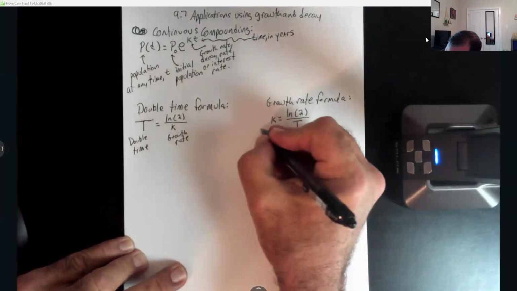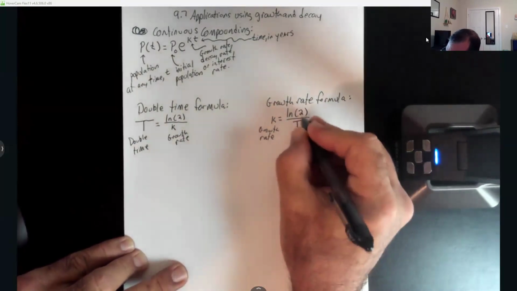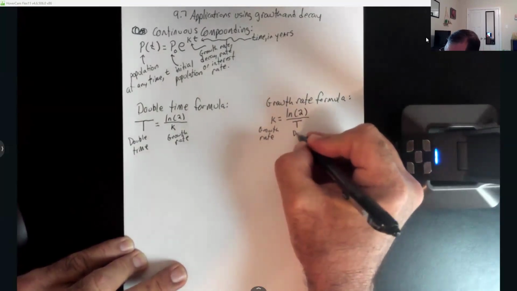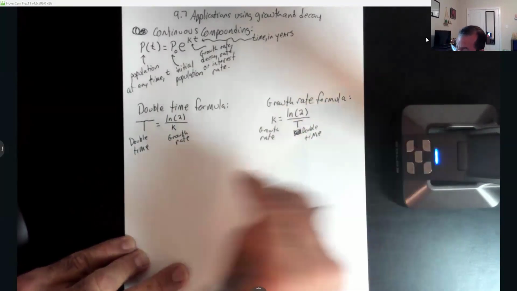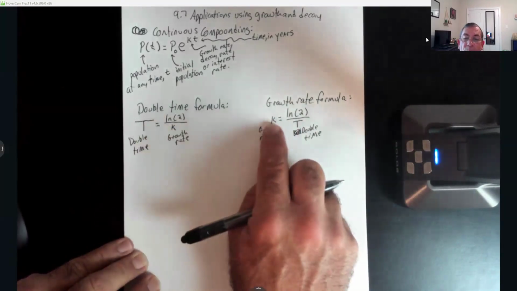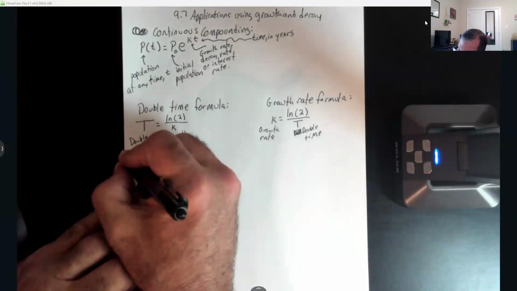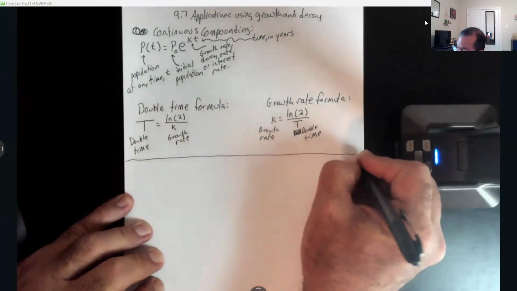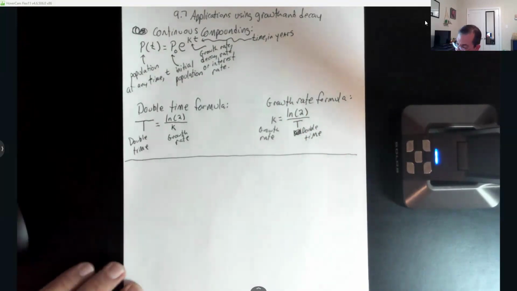Okay, so the growth rate equals ln of 2 over our double time. Okay, so if you want to solve for T, you're dividing by k. If you want to solve for k, you're dividing by T on these, okay? So these are going to be the formulas that we're going to focus on today, okay?